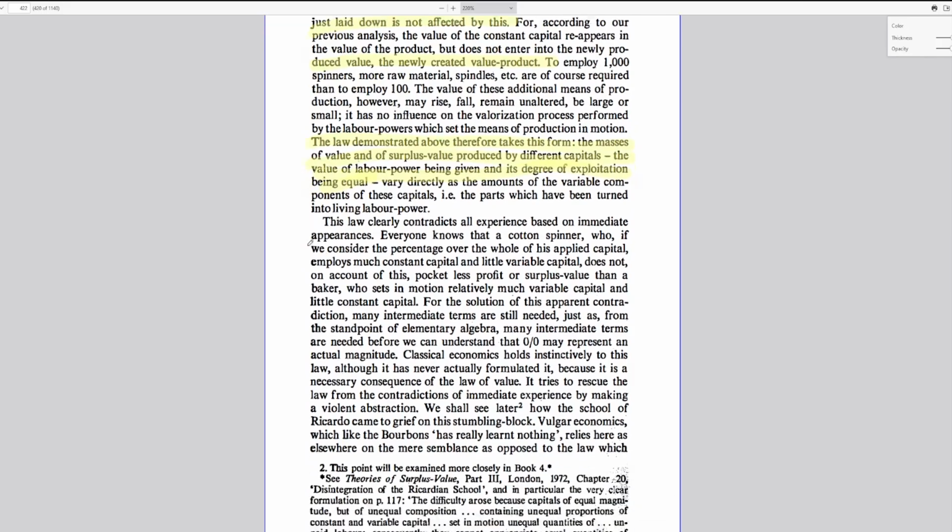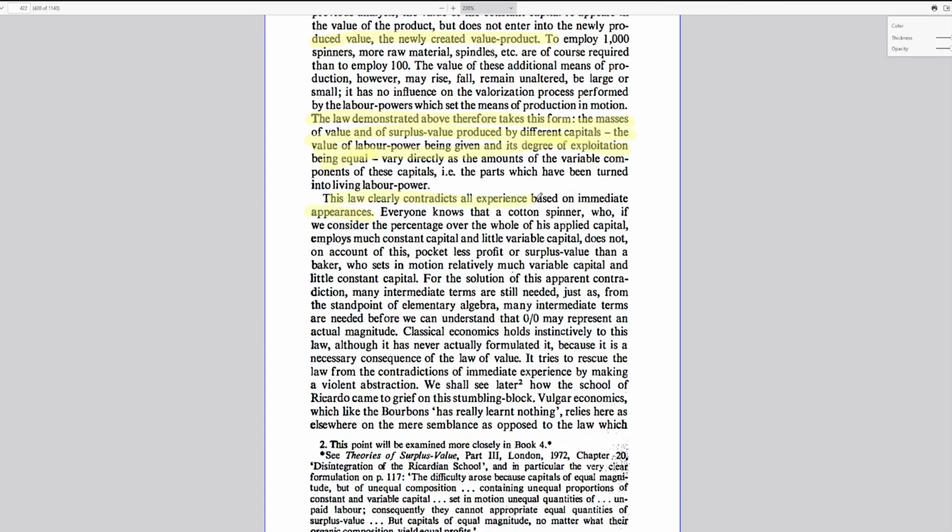Okay, and then he kind of already laid out the contradiction here, but he immediately says, well, this law is kind of contradictory to known experience.